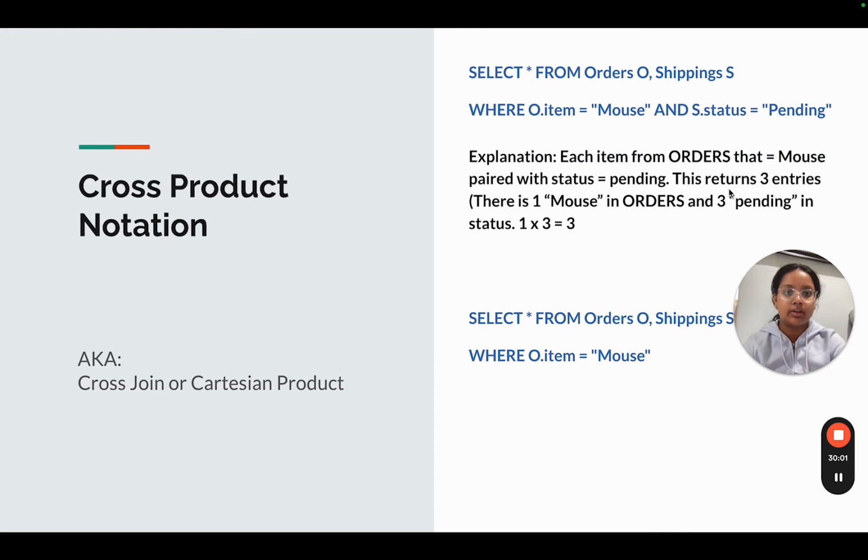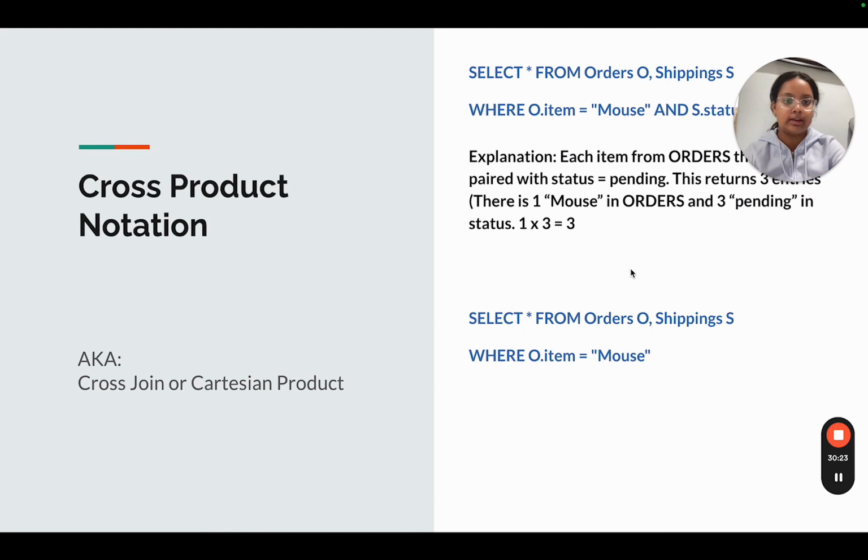So here, it's looking for each item from orders that is equal to mouse and has the status of pending. And if you actually do this command in the Programmers compiler, it should give you 3 different entries as the output.